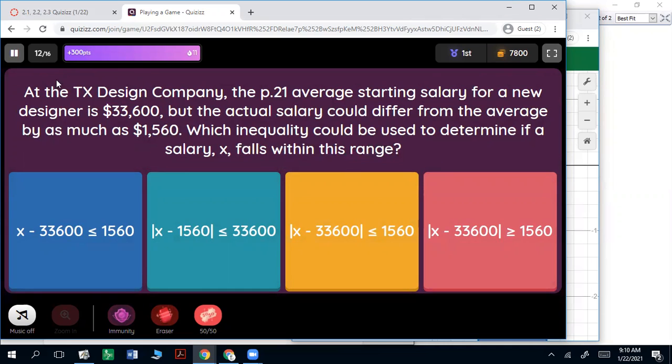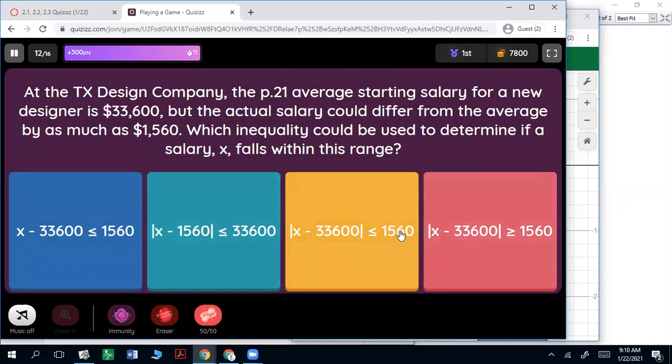So we want to use the number that's the ideal, the middle number, to be in the absolute value function. So this 33,600, that's the ideal salary, that's the average. That's going to be the number after the x minus. You don't want the actual salary to be any more than 1560.